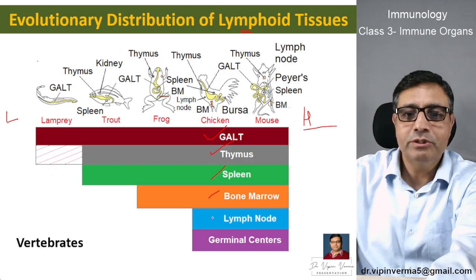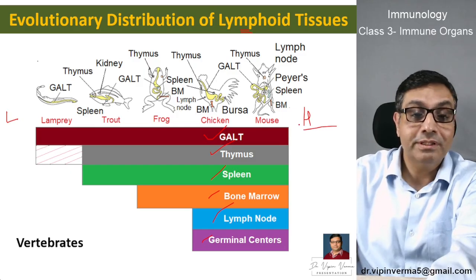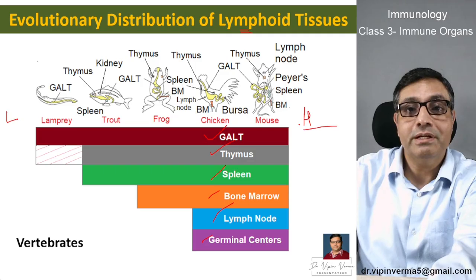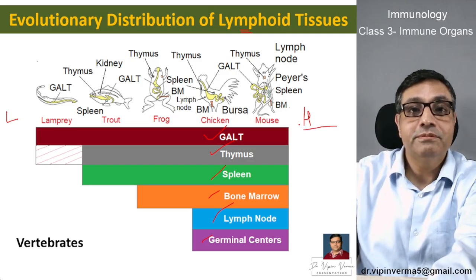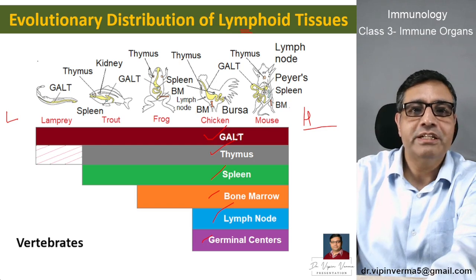From chicken or birds you will find the lymph nodes and the germinal centers, and then in mouse and humans. So GALT is the first secondary tissue, I would say, which is present in almost all the vertebrates.